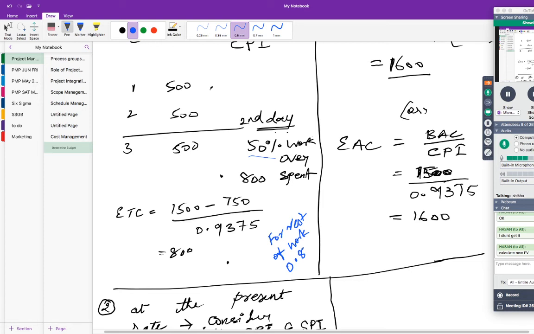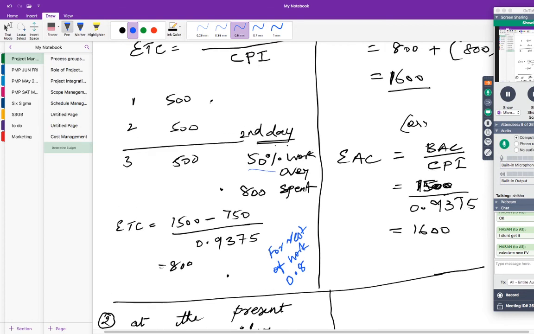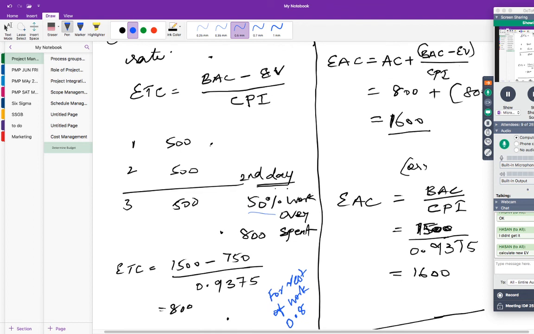Hassan, you don't have to calculate new EV. That's not required. Can anybody else answer? Abhijit, could you answer?